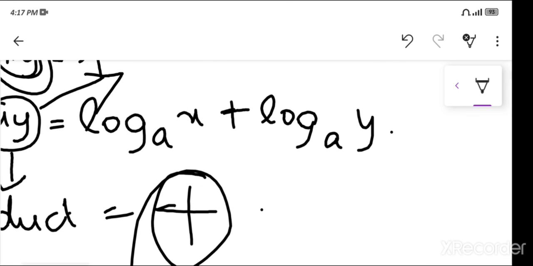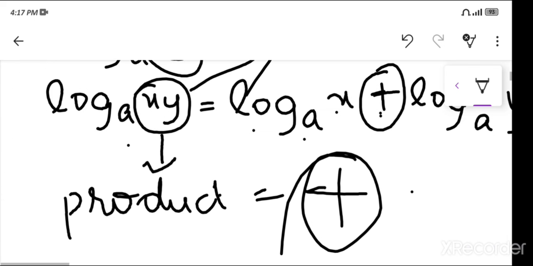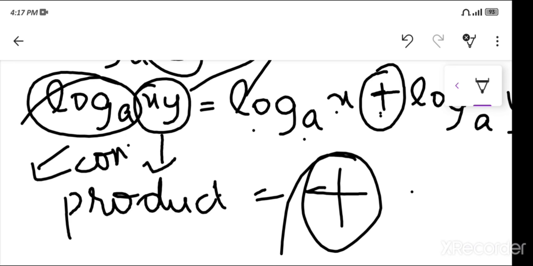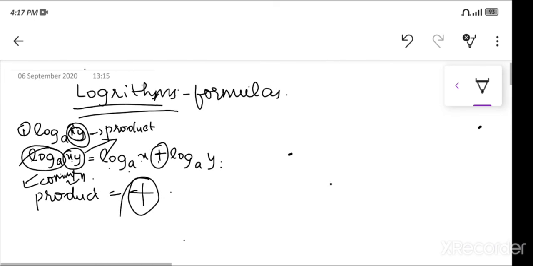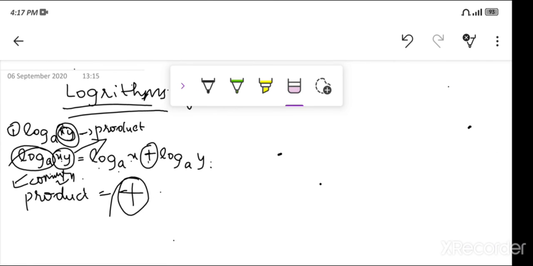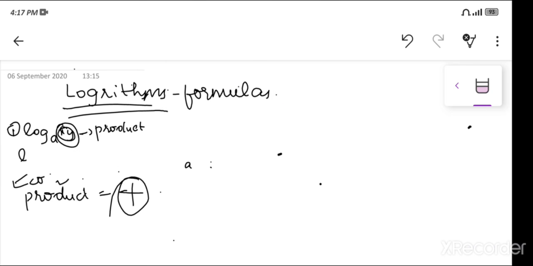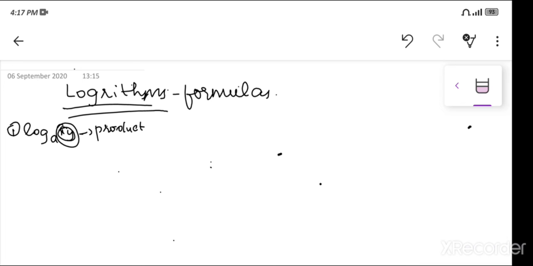So that's why you divide x and y with the plus symbol, and log to the base a stays the same because it's common here. And xy is obviously a product. Let me rub all of this off for better understanding.